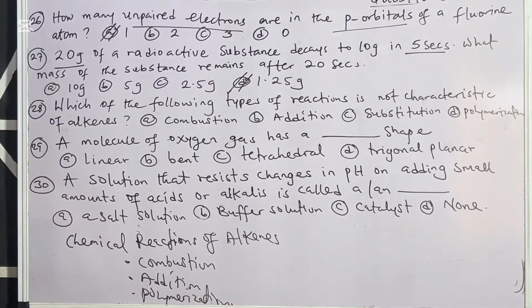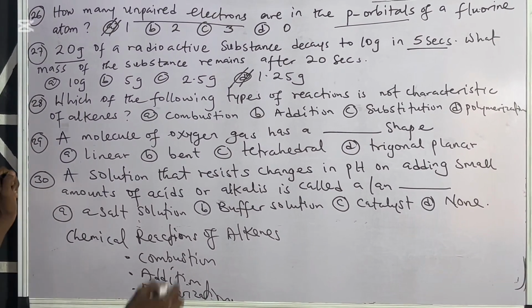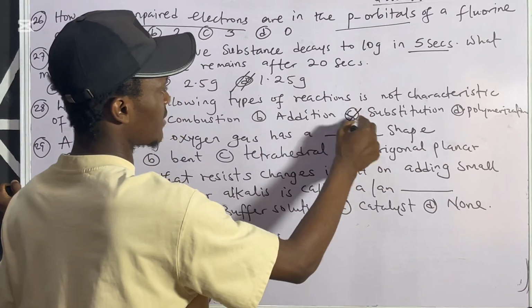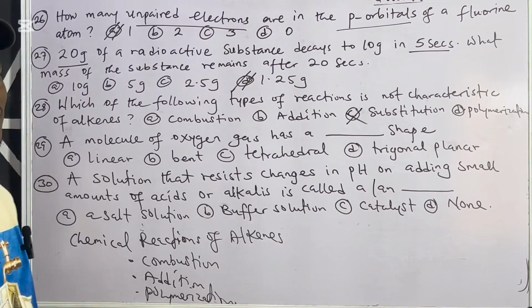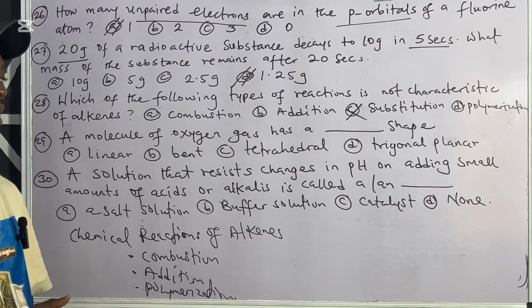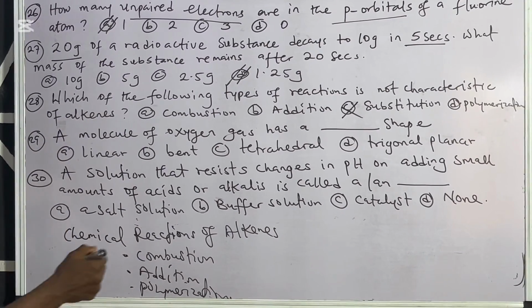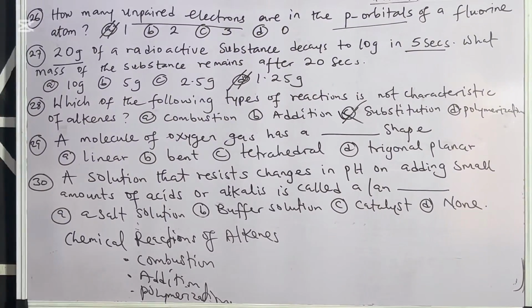So which of them is not? Let's check. Combustion is, addition is part of it, polymerization is part, then this is not. This is a typical reaction that is peculiar to alkanes. So the answer is substitution.